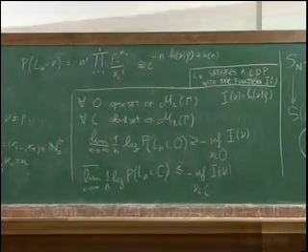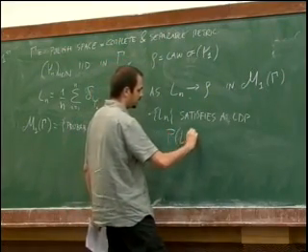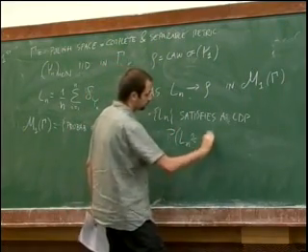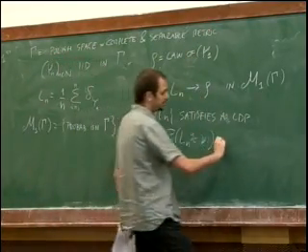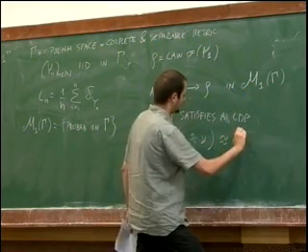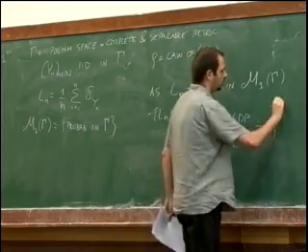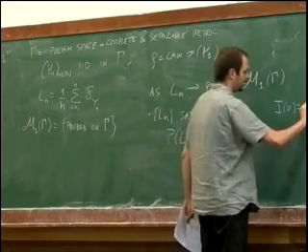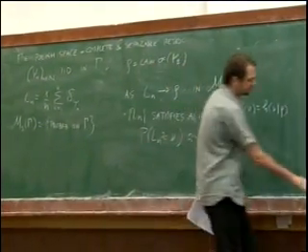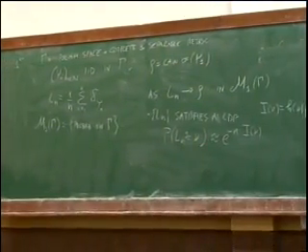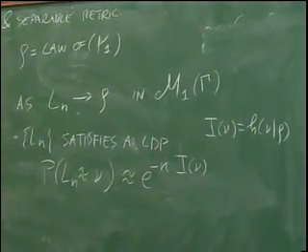What you should think of is that the probability that Ln is close to a different law, nu, instead of the marginal rho, decays exponentially fast with rate I of nu, where I of nu is just the relative entropy. So this is the first generalization, which should not be too surprising or too difficult to grasp.